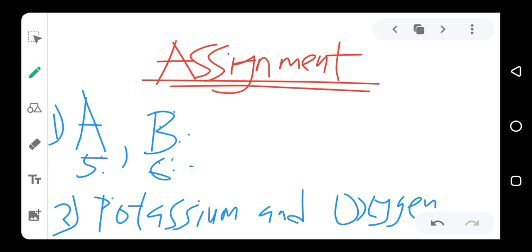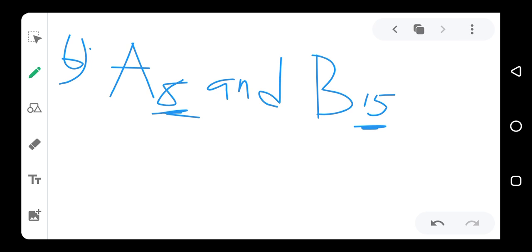So you are going to use 6 straight as the valency of B and 5 straight as the valency of A. But in number 6, A contains a total number of 8 electrons and B contains a total number of 15 electrons. So you are now going to determine the valency of A and B using the total number of electrons that they have. Okay, so this is the assignment.